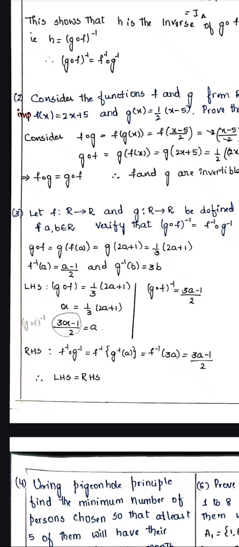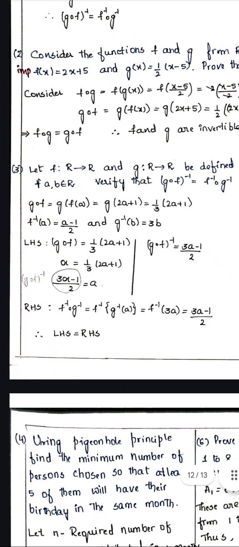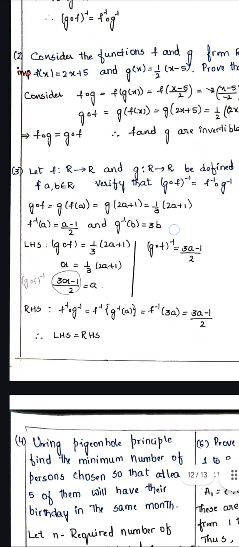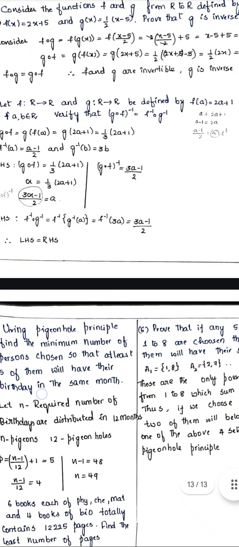So that is nothing but (g of f) whole inverse equals (3a minus 1) by 2. Then RHS is f inverse of g inverse. f inverse of g inverse of a is equal to 3a. Then f inverse of 3a is (3a minus 1) by 2. LHS is equal to RHS.